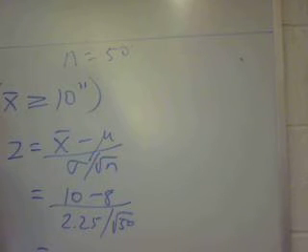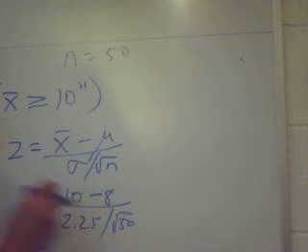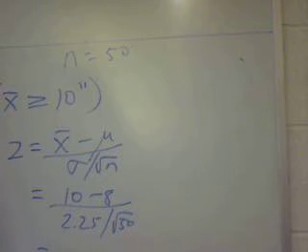However, that's going to be much, much bigger than before. In fact, it's well over 6.5. So in other words, what I want is the probability that z is greater than 6.5.